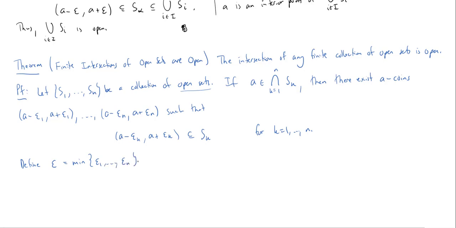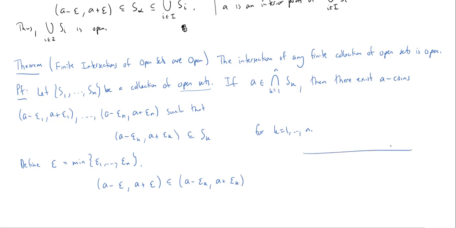So it's the smallest of all these epsilons. Okay, so from this, what do we know? Well, if I took the A coin with radius epsilon, that has a smaller radius than any of these, or at least less than or equal to any of these. So this will be contained in all of these.